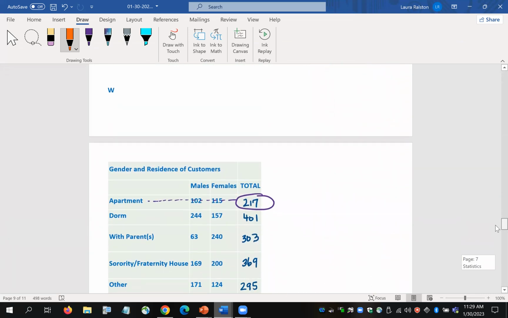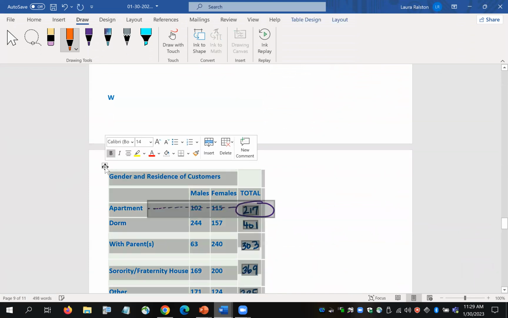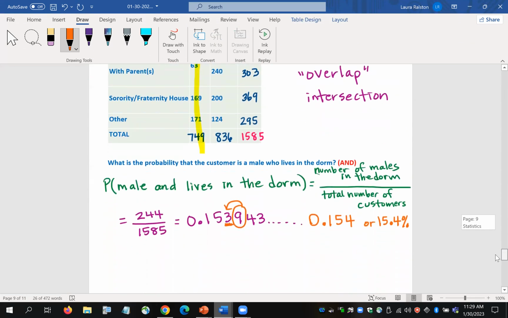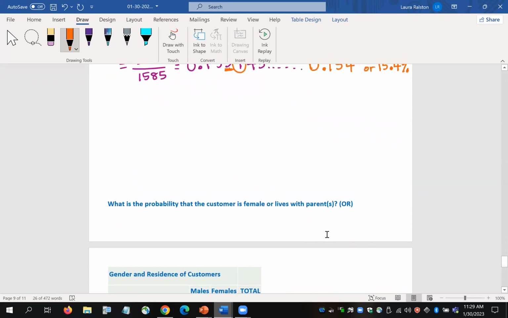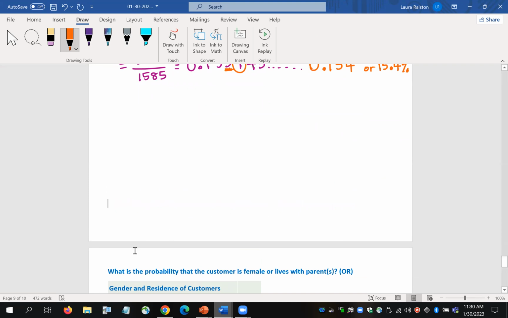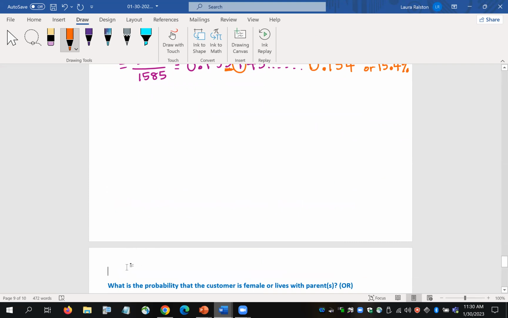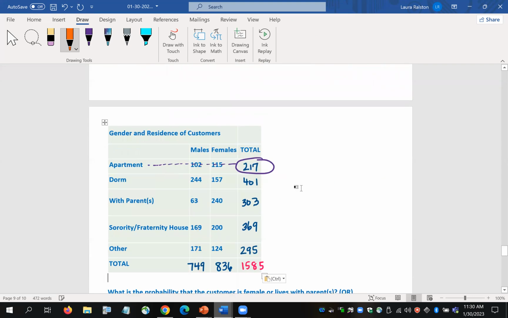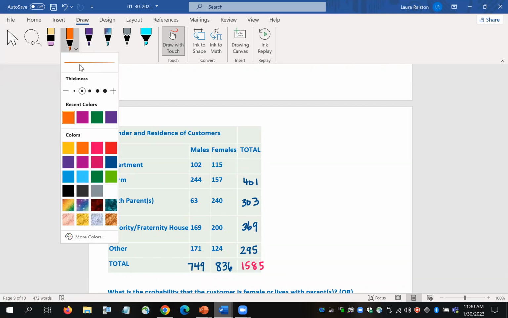Okay, let me get the graph again. Okay, for the next question, it's an or.